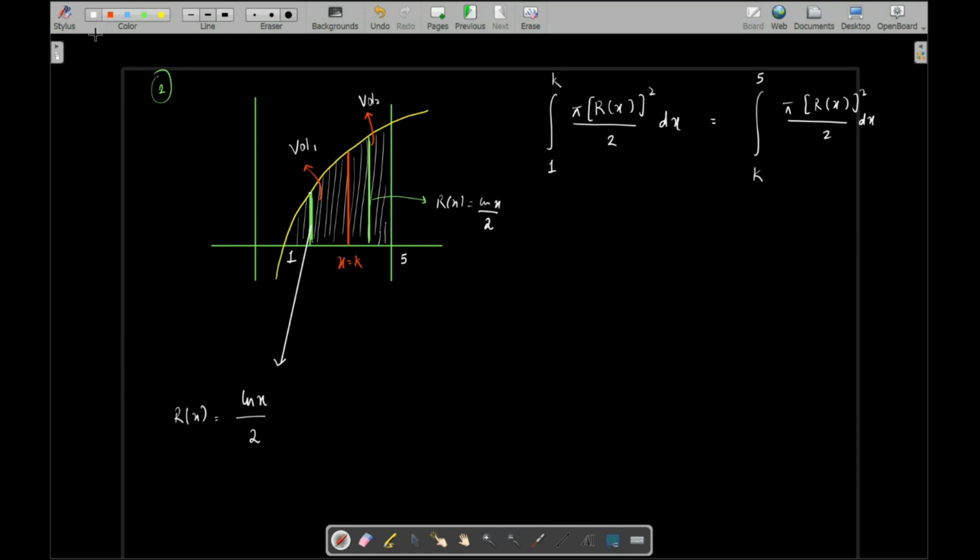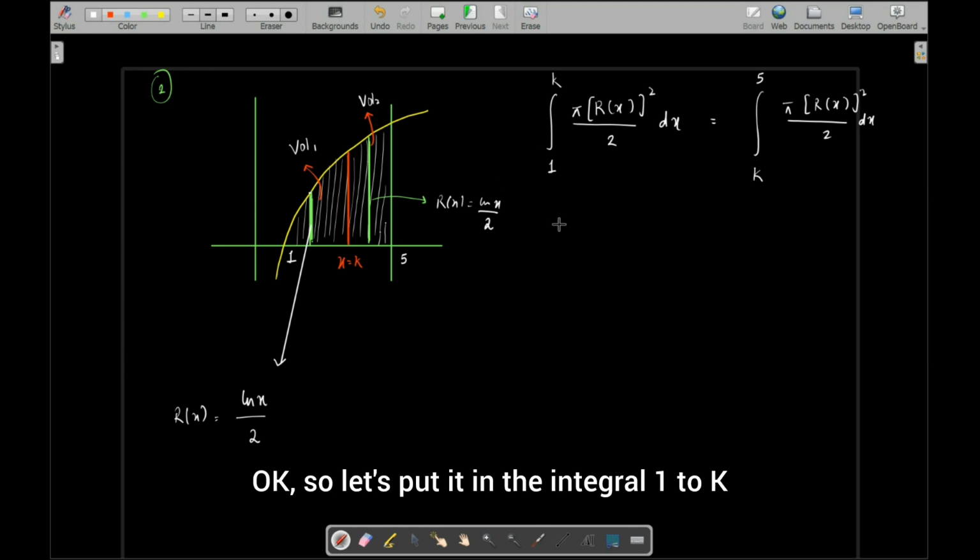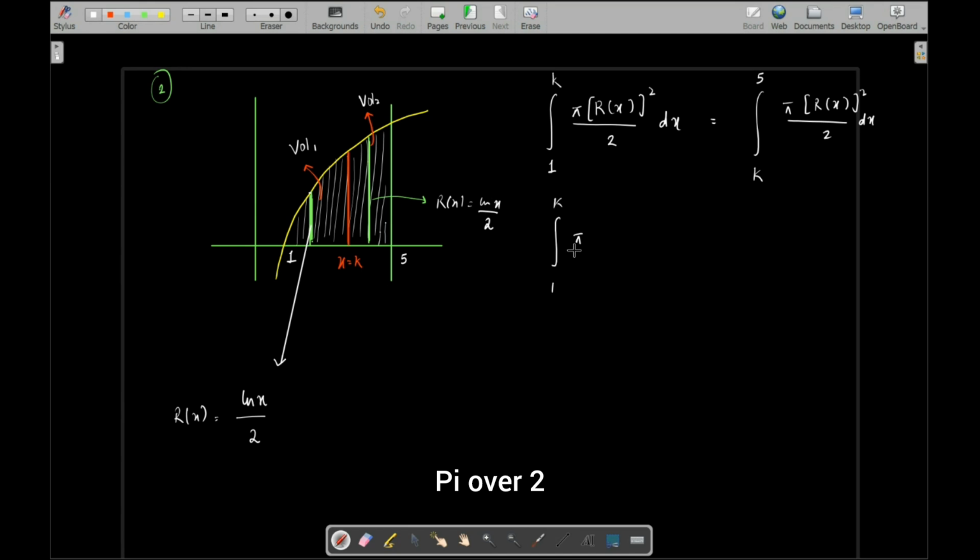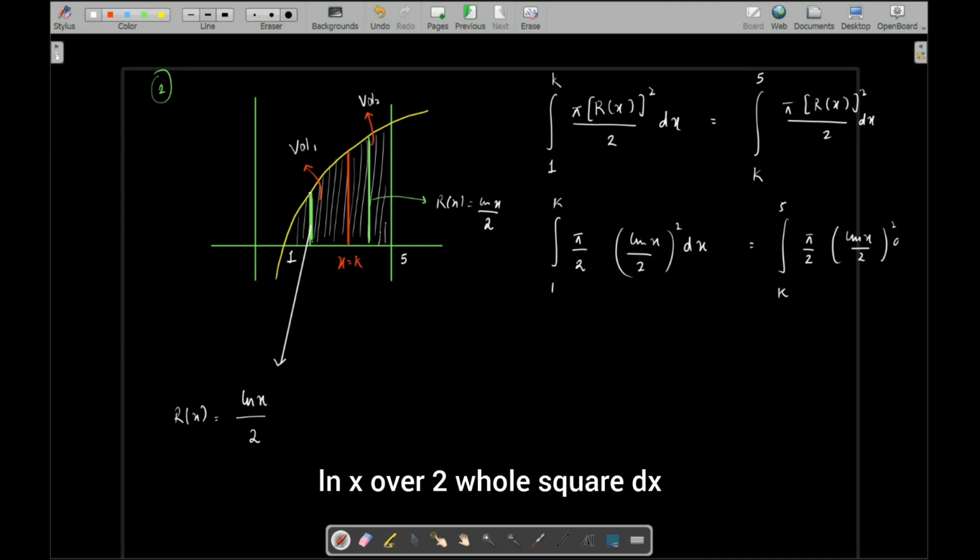So let's put it in the integral 1 to k pi over 2 times ln x over 2 whole square dx. Same thing here: k to 5 pi over 2 ln x over 2 whole square dx. 2 square will be 4, 4 times 2 will be 8.